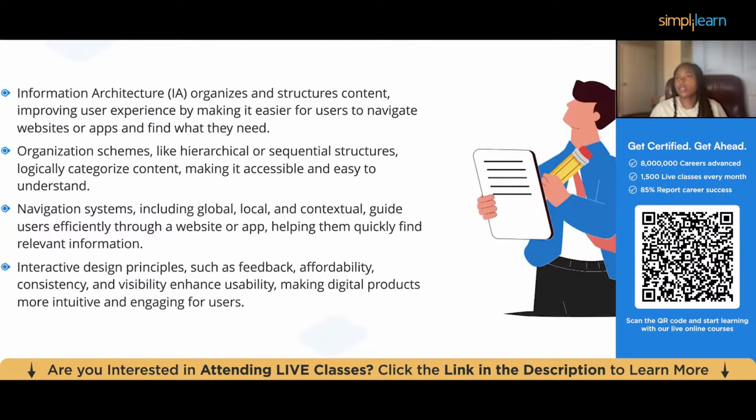Some key takeaways for today were that information architecture organizes and structures content, improving user experience by making it easier for users to navigate websites or apps and find what they need. Organization schemes like hierarchical or sequential structures logically categorize content, making it accessible and easy to understand, while navigation systems, including global, local, and contextual, guide users efficiently through a website or app, helping them quickly find relevant information.